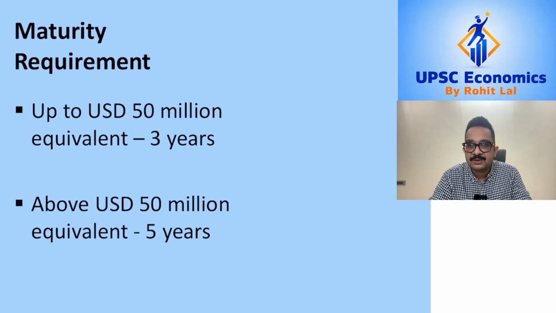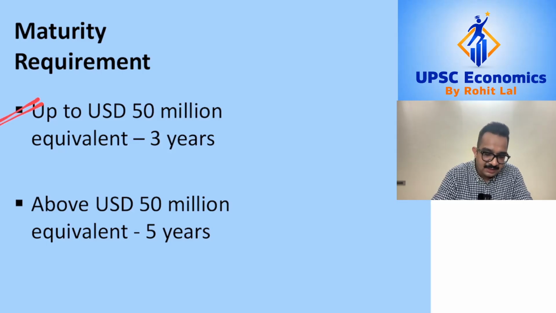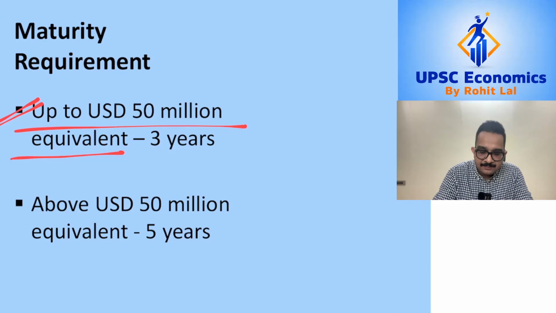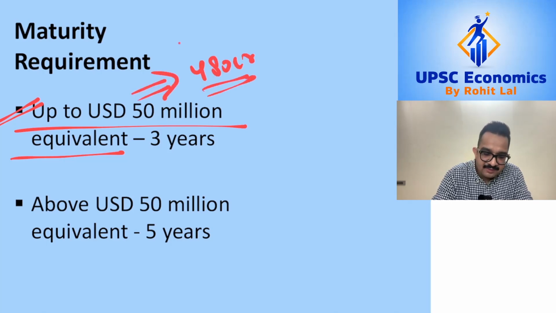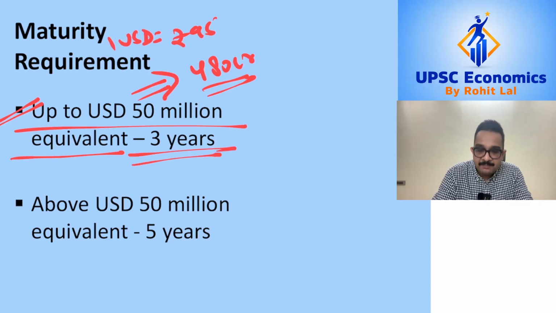Now, if you talk about the minimum maturity requirement for these bonds, if you have masala bonds which are issued up to USD $50 million equivalent, that is, if any Indian entity is borrowing via these bonds up to, let's say, 480 crores, given the current exchange rate of 95 against a dollar, then the minimum maturity of those bonds should be 3 years.